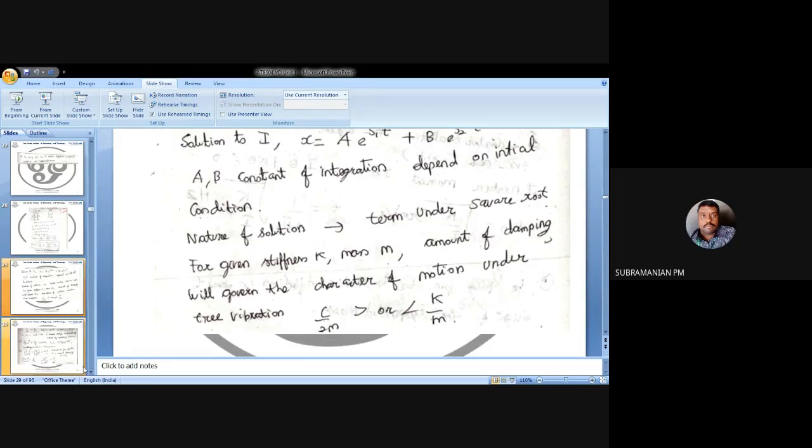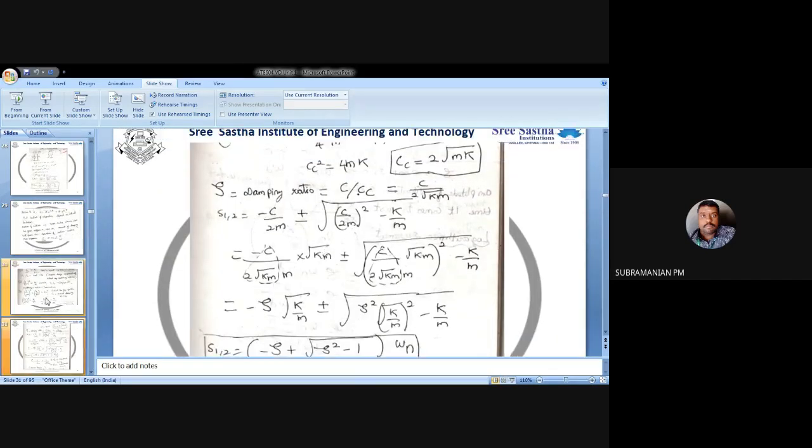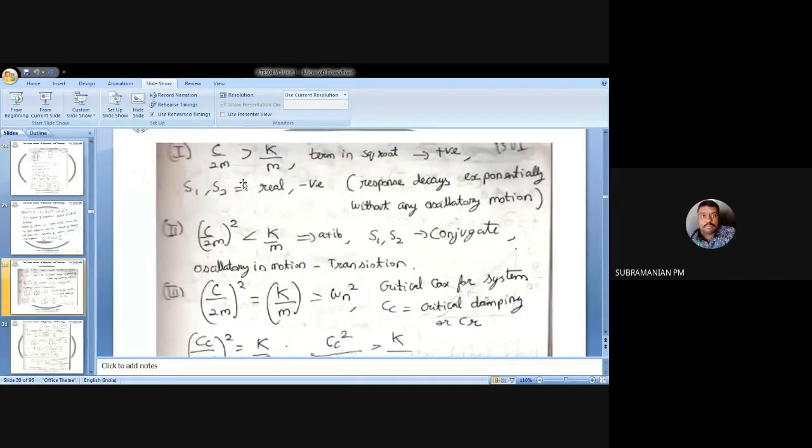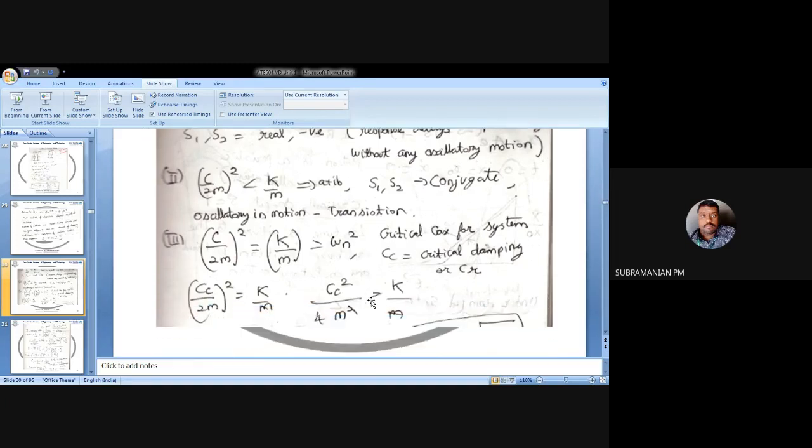You have to compare both. When C by 2m is greater than k by m, it is an overdamped system. It will take more time to come to rest. Whereas when C by 2m is less than k by m, it will be an underdamped system. When it is equal, it will be a critically damped system.